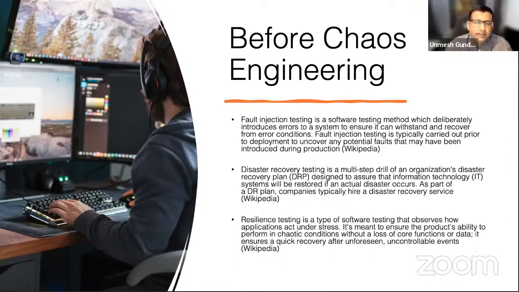And we also have resiliency and operational testing, where we make sure that the systems are available and the teams are available to respond in case of the system going down. So these concepts or techniques already exist. Chaos engineering takes it further and applies it to distributed systems.